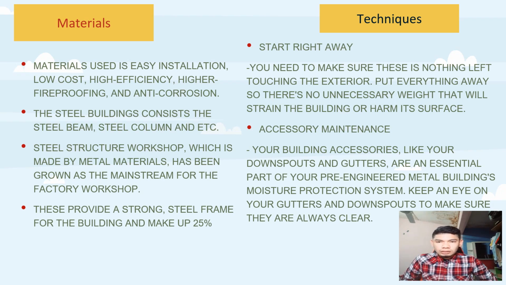Your building accessories like your downspouts and gutters are an essential part of the pre-engineered metal building moisture protection system. Keep an eye on your gutters and downspouts to make sure they are always clear.